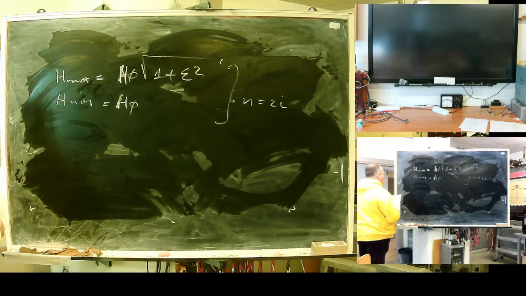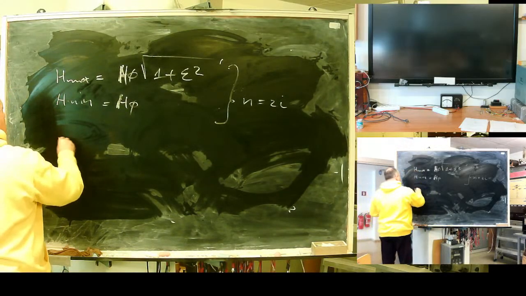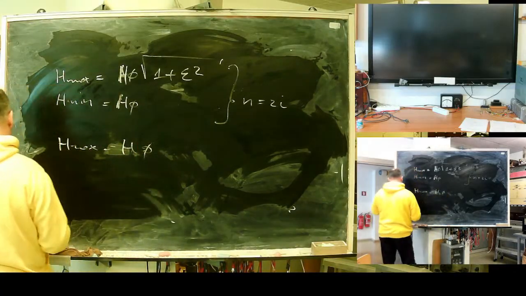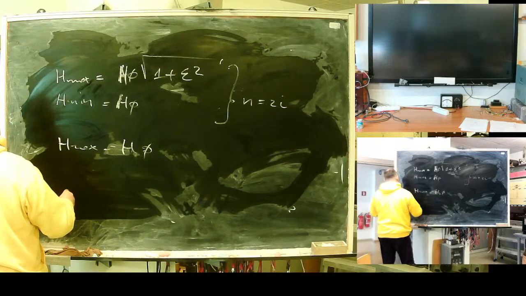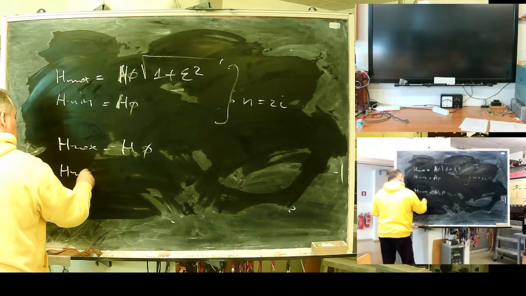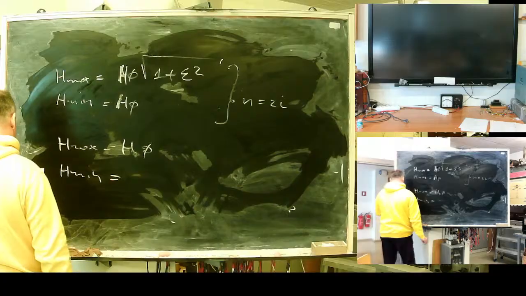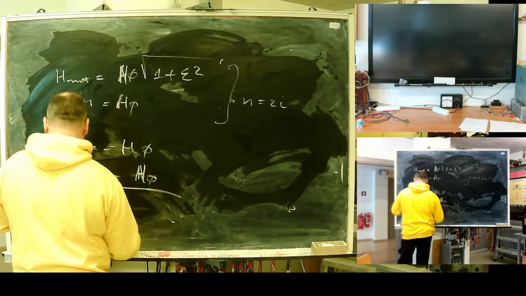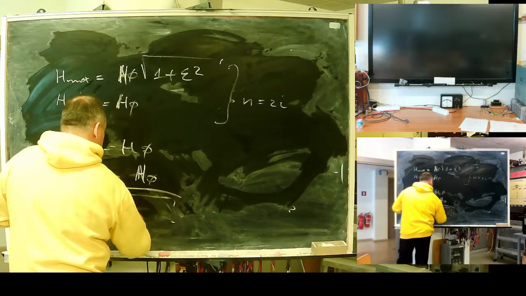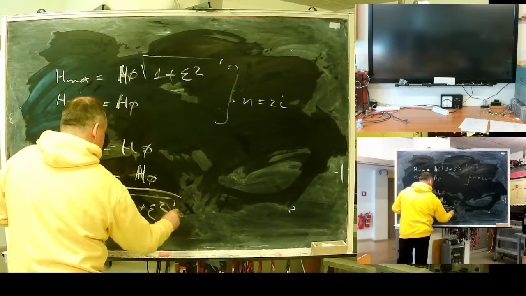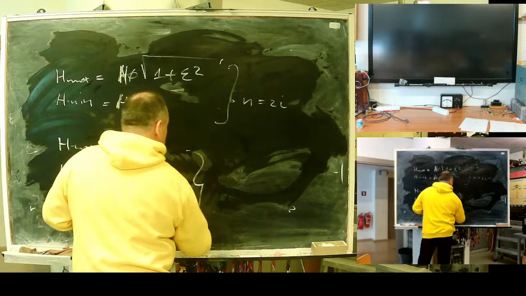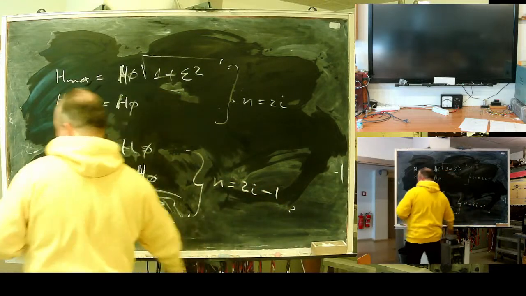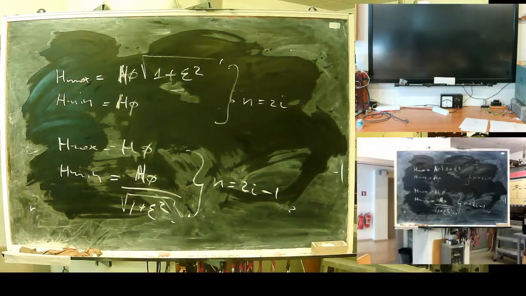For even orders, again, H max is H0 and H minimum will be H0 divided by the square root of 1 plus epsilon squared. This is for the cases 2i for even orders.